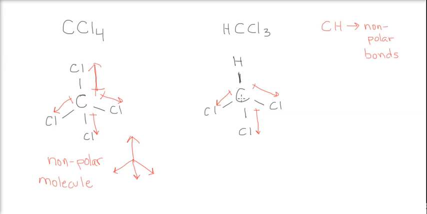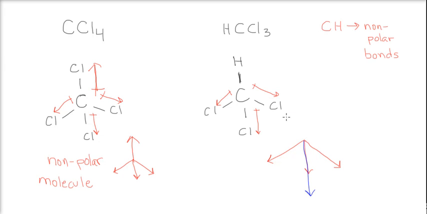In the case of chloroform, if we just focus on the arrows, we only have 3 arrows. And all 3 arrows are pointing in a downward general direction. And so our molecular dipole, or our molecular polarity arrow, is going to point straight down where the carbon-hydrogen bond axis would be.